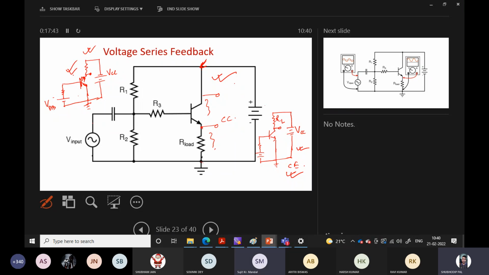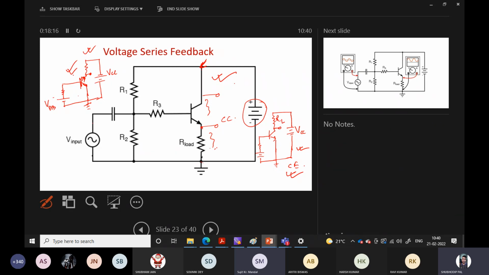That's why this is the common collector configuration. From the AC point of view, the DC bias voltage, the power supply, remains the same. So if you apply the alternating signal, any change in input voltage will increase the current, which increases the voltage drop across the load resistor.